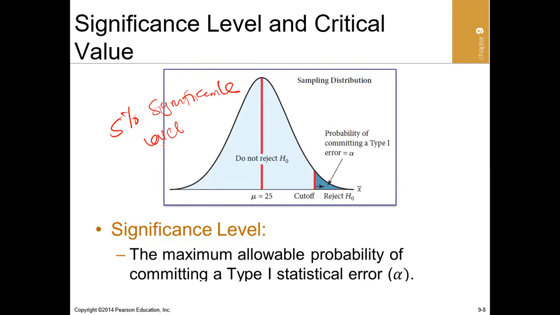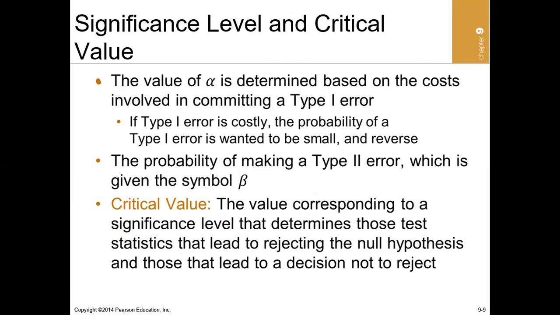All right. Now, the value of alpha is determined by the cost involved in committing type 1 error. So if type 1 error, which is rejecting a true null hypothesis, is very costly, then the probability of type 1 error should be very small.